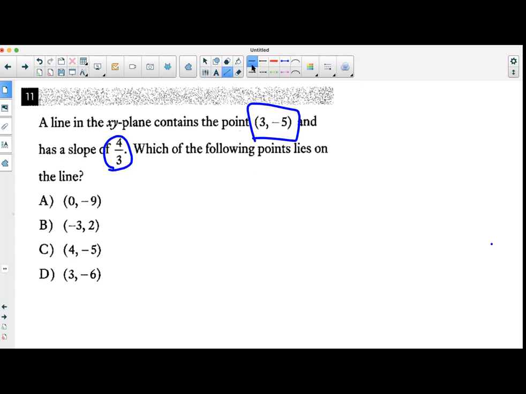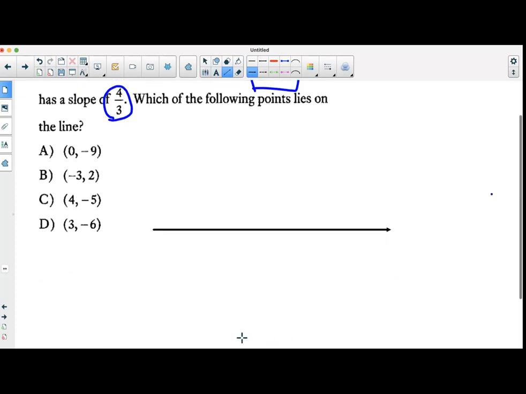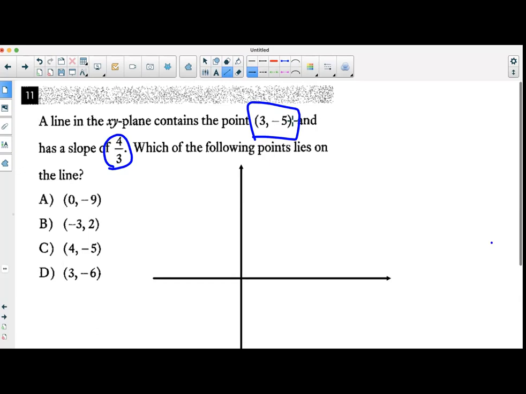First, I'm going to try to do this one using the graphical method, because the graphical method would have been quite nice and rather simple in College Board questions. So if I have 3 comma -5, let's say this is 3, then 3 and -5 is around here.